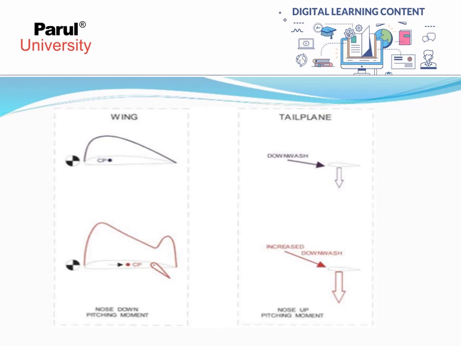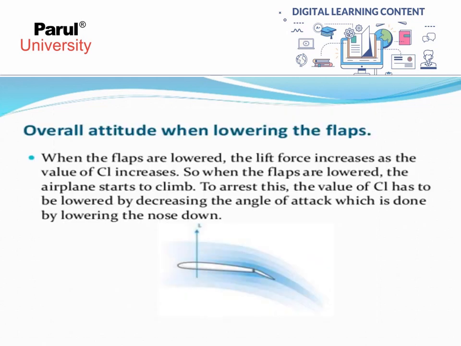Right, now for the overall attitude, when lowering the flaps, means what? When the flaps are lowered, the lift force increases as the value of CL increases. So when the flaps are lowered, the aeroplane starts to climb. To arrest this, the value of CL has to be lowered by decreasing the angle of attack, which is done by lowering the nose down.